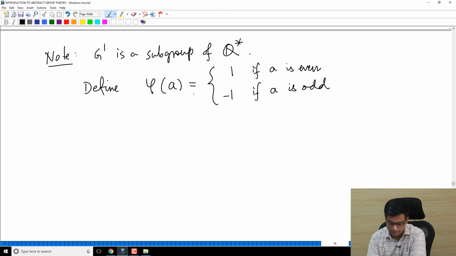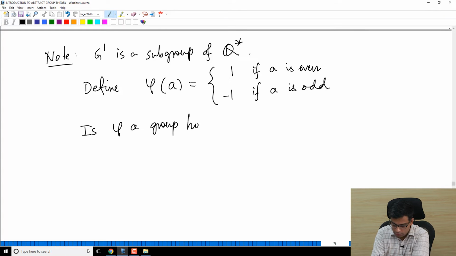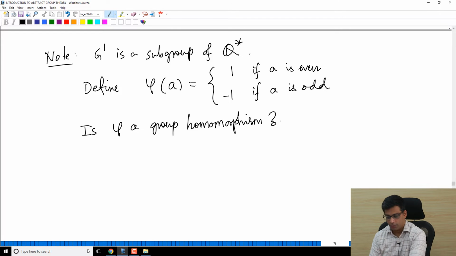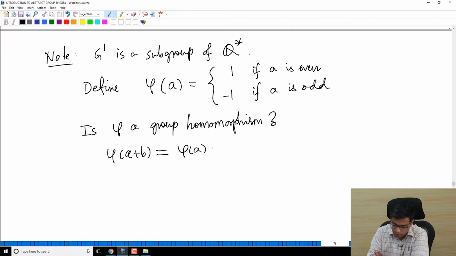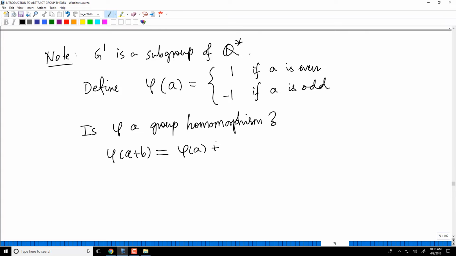Is phi a group homomorphism? Again, remember one has to check that phi of A plus B should be equal to phi of A times phi of B. Now this is a good example because it will make you deal with the notation that we have been using so far.